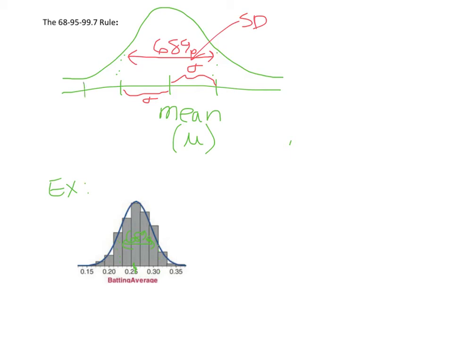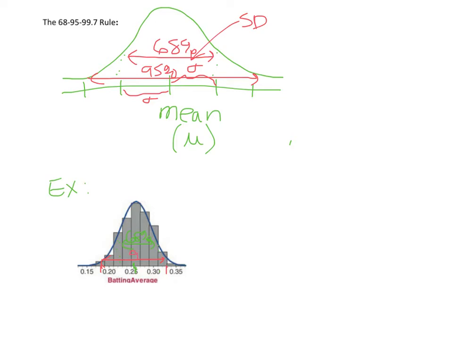Now if you go 2 standard deviations away from the mean, in that area about 95% of our values are going to be there. If you were to look at our batting average example, we know that about 68% of the batting averages fall between about 0.22 and 0.3.